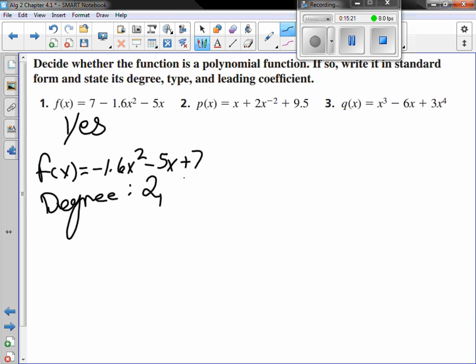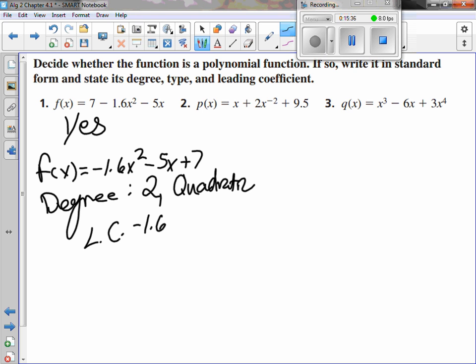Type. Quadratic. Leading coefficient. And that's it. Questions on this here?